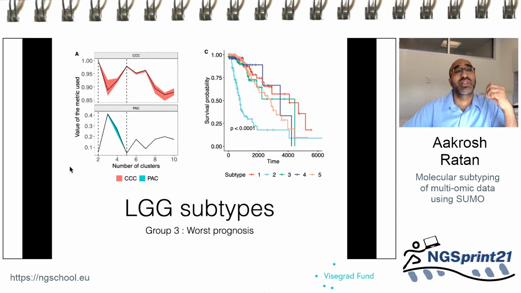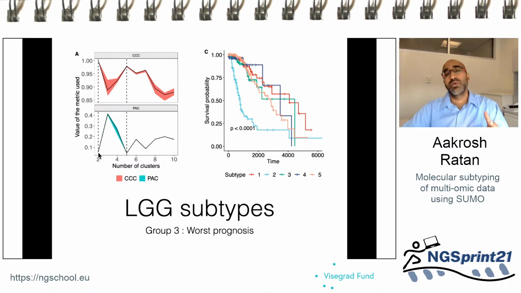This reflects our confidence: when you're looking at 2 clusters, you are saying that less than 10% of the data is ambiguously clustered, which means using resampling, using multiple runs of our solver, we consistently identify the same pairs as either together or separate. When you plot this, with the number of clusters on the x-axis and the value of the metric on the y-axis, you can see that there are 2 choices. You either have 2 clusters or you have 5 clusters.